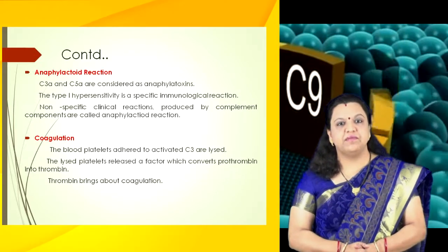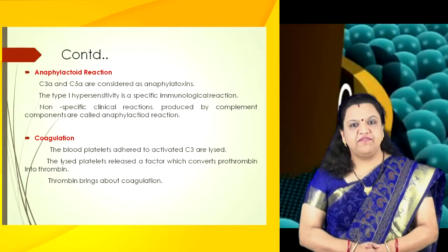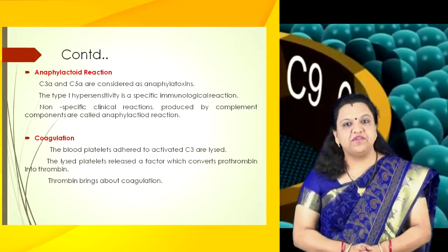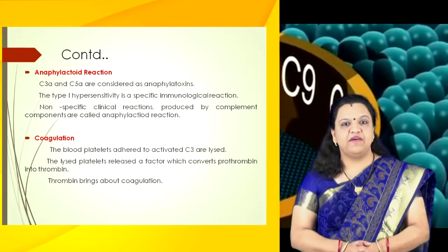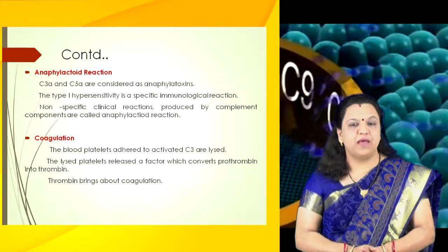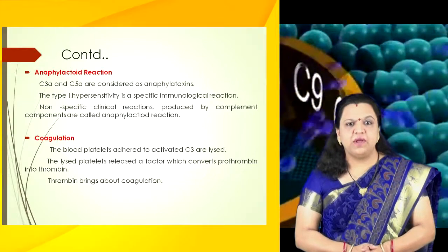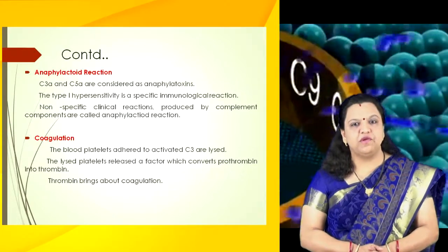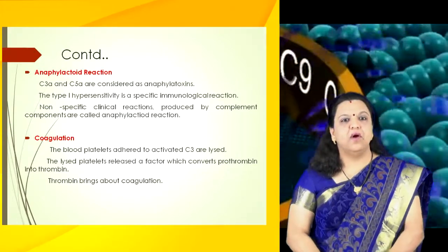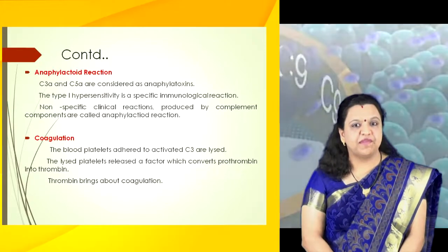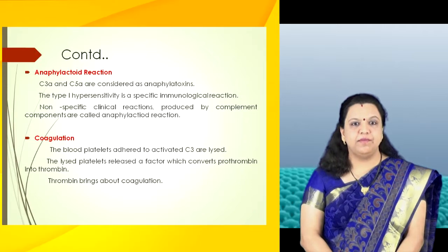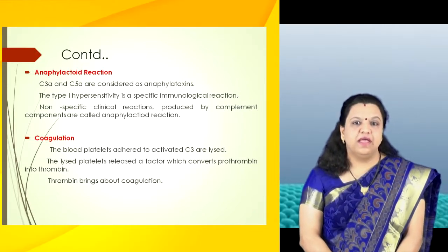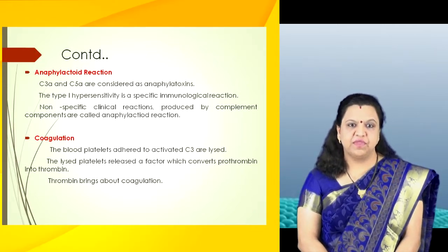The clinical symptoms caused by the anaphylatoxins C3a and C5a are exactly similar to those of the anaphylactic reaction of type 1 hypersensitivity. Type 1 hypersensitivity is a specific immunological reaction, but the complement triggered reactions are non-specific. These non-specific clinical reactions produced by complement components are called anaphylactoid reactions.